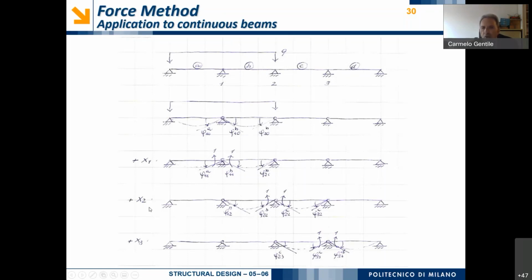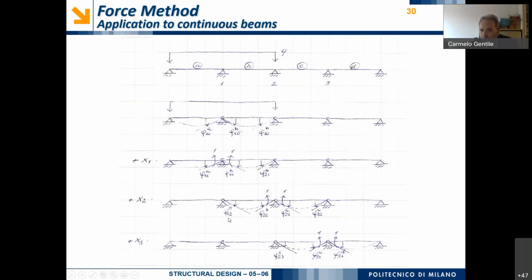Now we have to consider the application of the second redundant bending moment x2 made equal to unity. Of course, this redundant bending moment generates a relative rotation corresponding to cross-section number 2. And so we will have a relative rotation phi22B and also a rotation phi22C.